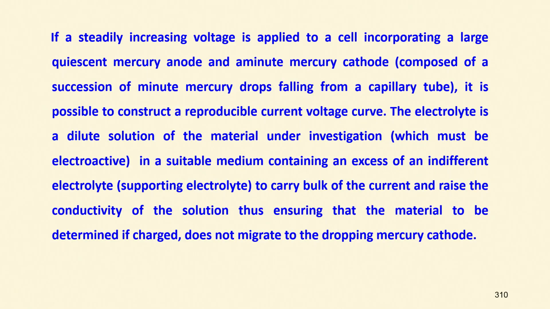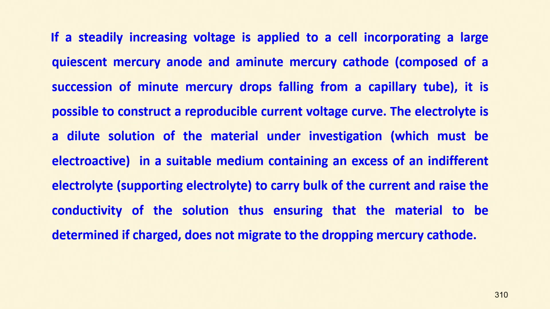So, let us see what my text tells you regarding the standard reduction potential. Now, just look at this slide. I have written exactly the same thing that I have told you. If a steadily increasing voltage is applied to a cell incorporating a large quiescent mercury anode.